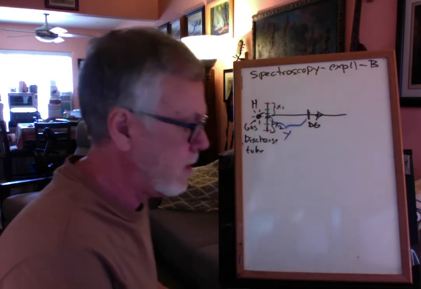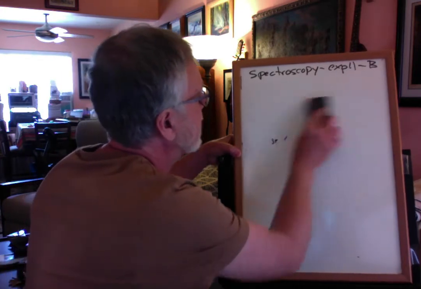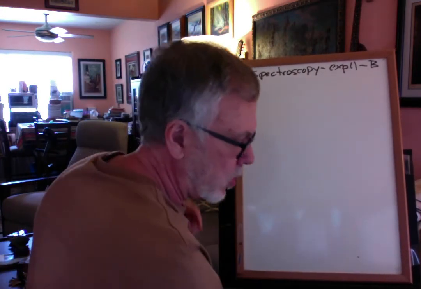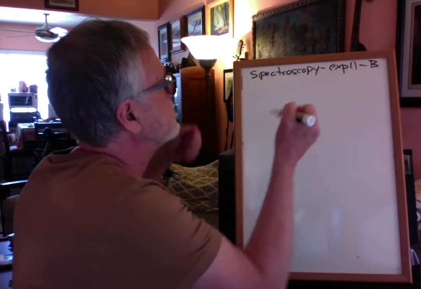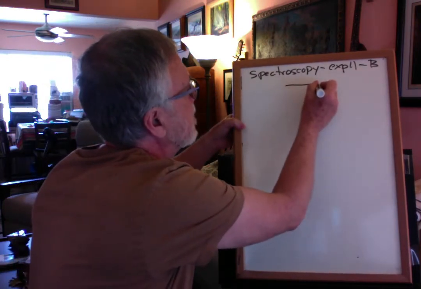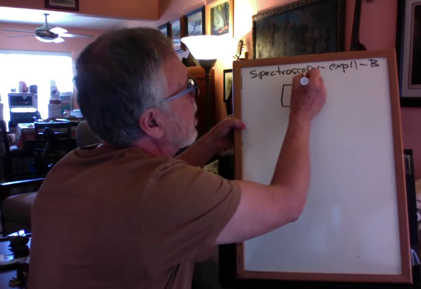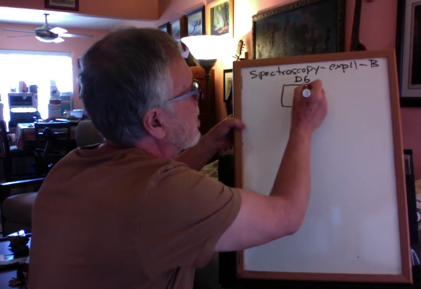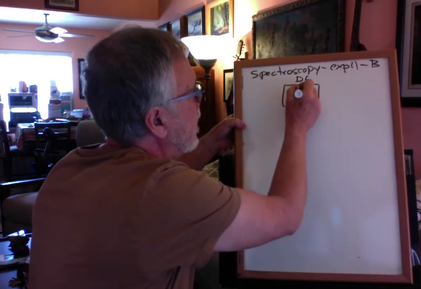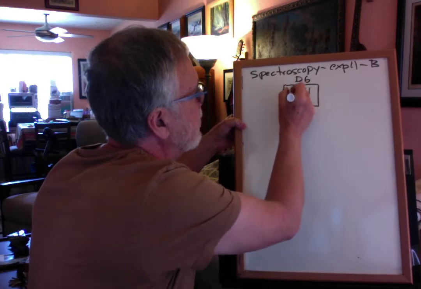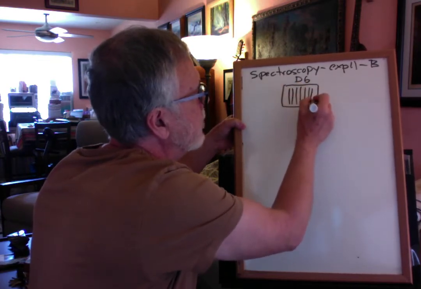And so what we have here, we go back to the diffraction grating. So here's your diffraction grating. Here's the lines in here. And every diffraction grating, you're given how many lines per millimeter.